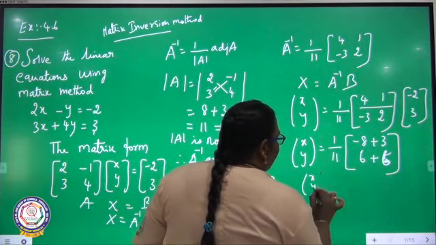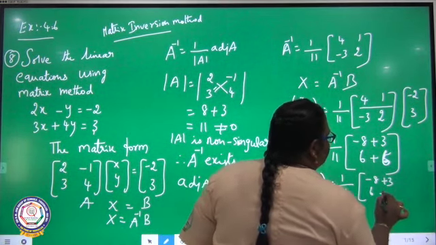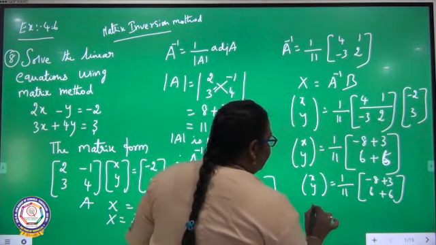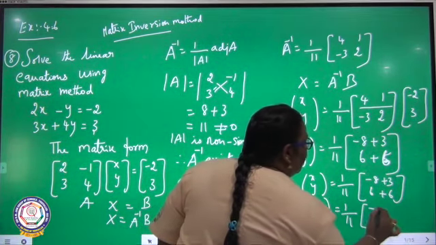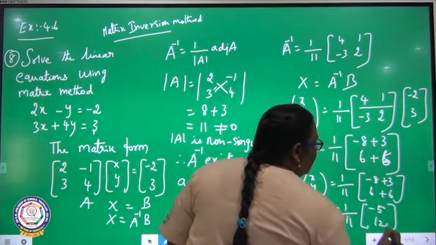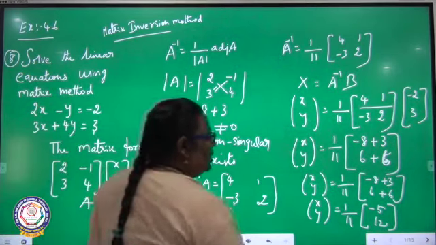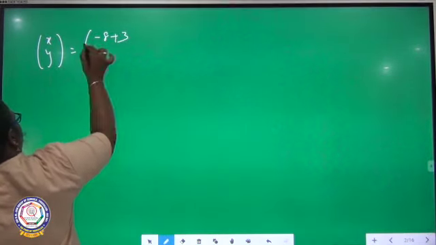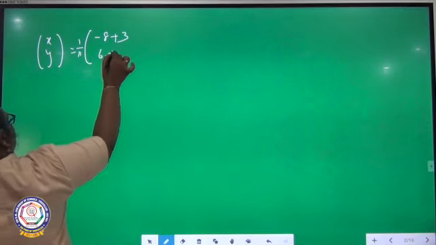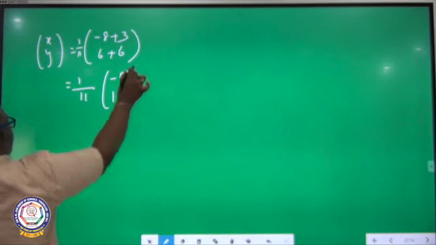So x, y equals 1 by 11 into minus 8 plus 3, 6 plus 6. So it gives 1 by 11 into minus 5, 12.